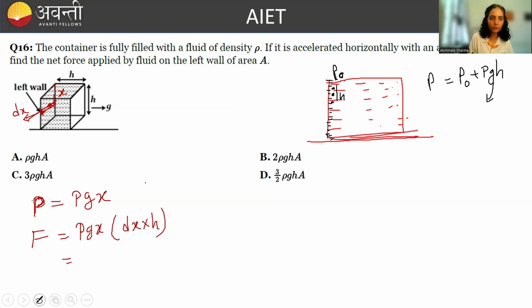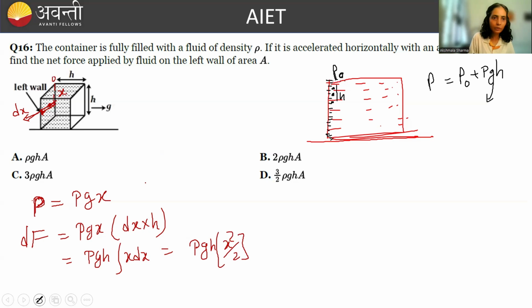So how much force, the small force I am calculating for this strip, will be equal to rho g h x dx. Integrating, we get rho g h x square by 2. x will vary from 0 to h, so you will write rho g h cube by 2.